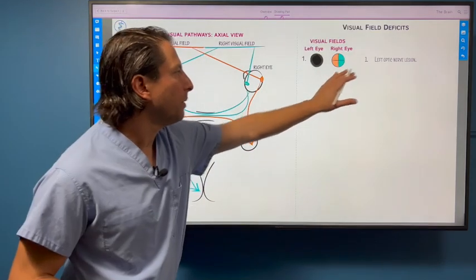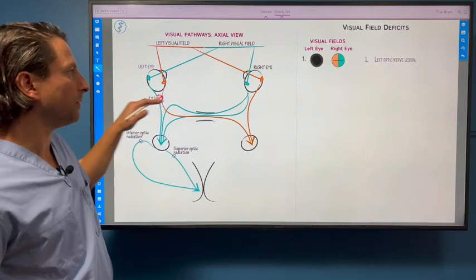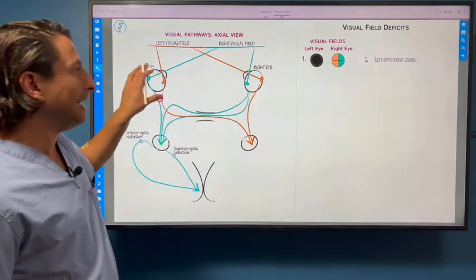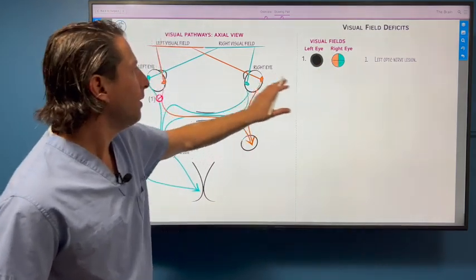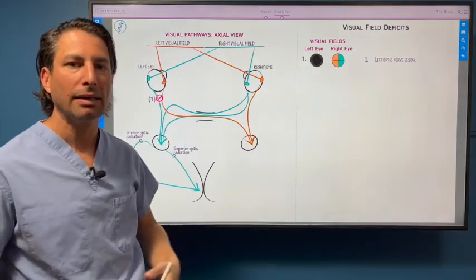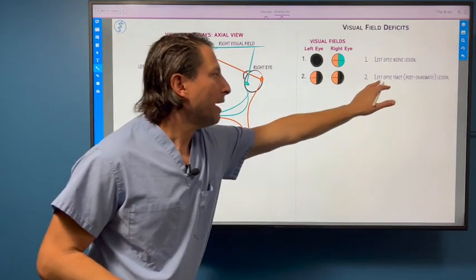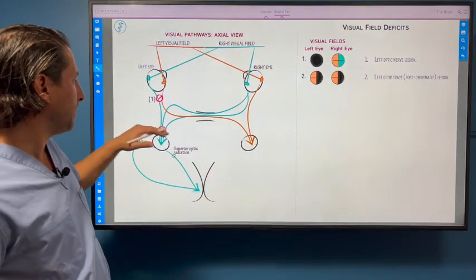So first, what happens if we have a lesion of the optic nerve right here? Well, the left eye is not going to see anything, whereas the right eye is going to be able to see all of the visual fields appropriately. So there's going to be monocular, single eye vision loss. What happens if there is an optic tract lesion, also known as a post-chiasmatic lesion?